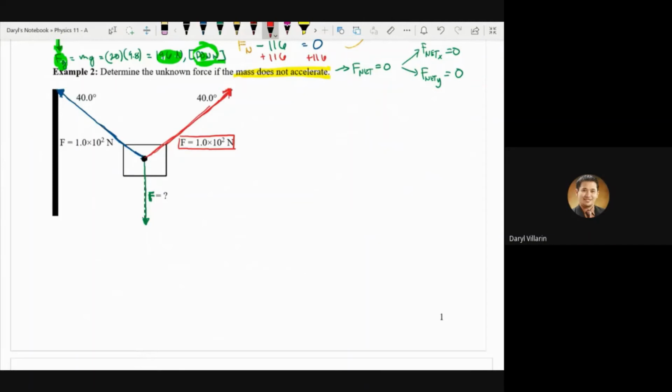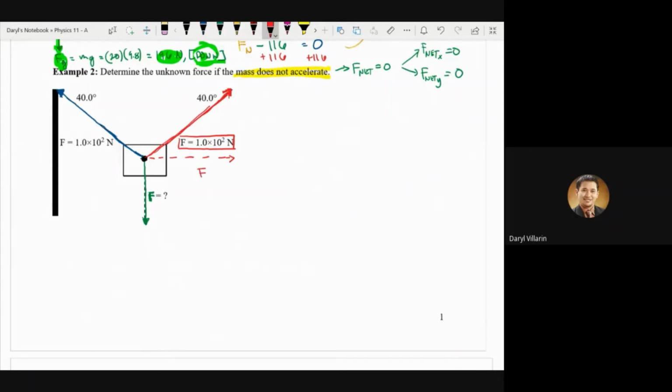So now, these two forces here will have two components, like the F on the right side, given by the red. Is it not that you can break this one down to your Fx?